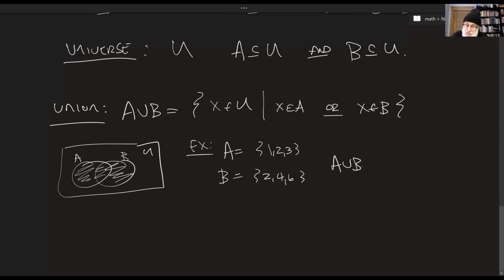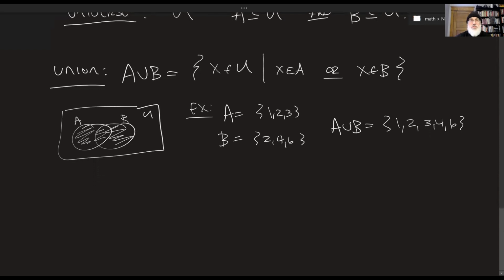So for A union B here, I'm going to collect everything in A and everything in B into one set, but I'm not going to reproduce elements. We can see 2 is in both sets, but I'm not going to write 2 twice. We don't ever write the element twice. So we get 1, 2, 3, 4, 6.